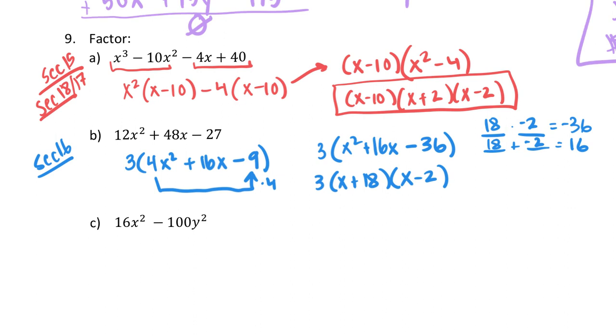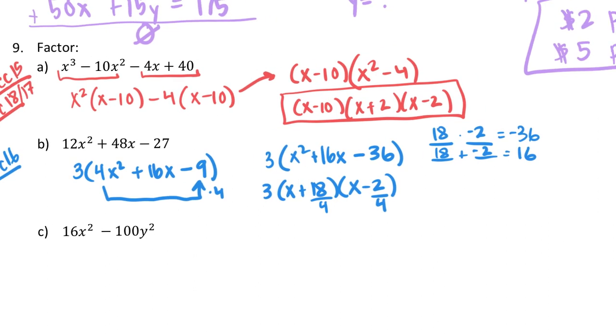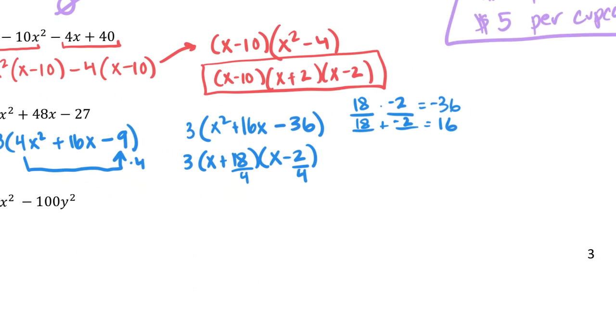Now we are not done with our factoring here. We need to balance our problem back out. So we're going to divide by 4 here. We're going to divide by 4. We will reduce first. So let's see. x plus 9/2 and x minus 1/2.